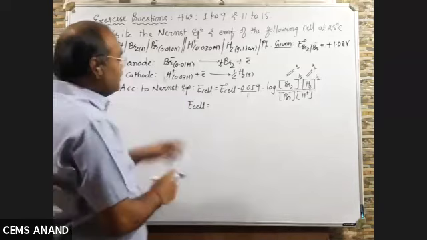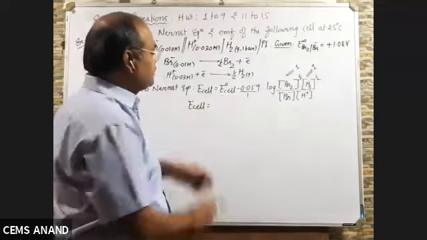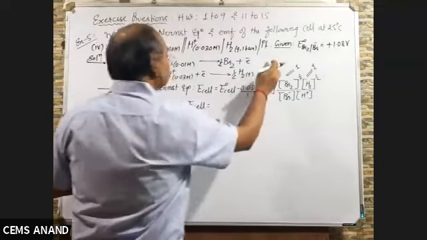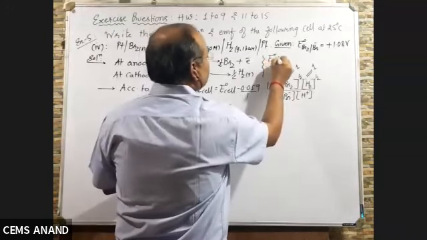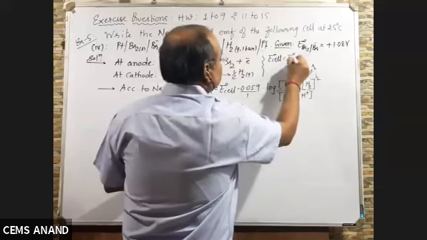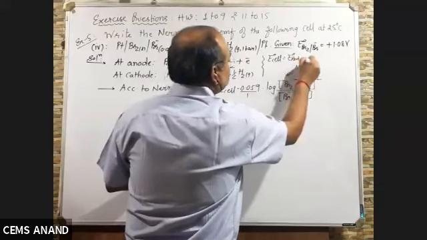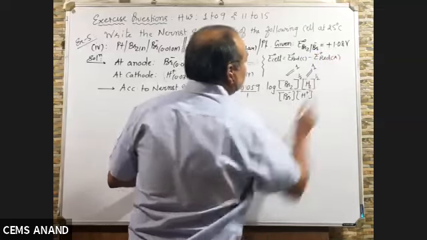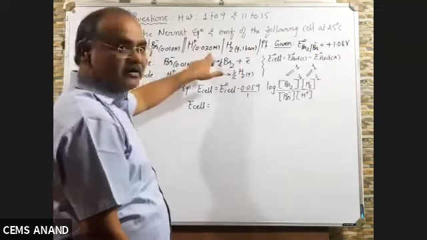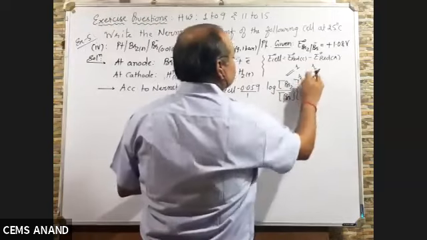is equal to, now E0 cell. What will be E0 cell? That we have not written. So E0 cell will be E0 reduction at cathode minus E0 reduction at anode. Right? Who is at cathode? Hydrogen, so its value is 0.